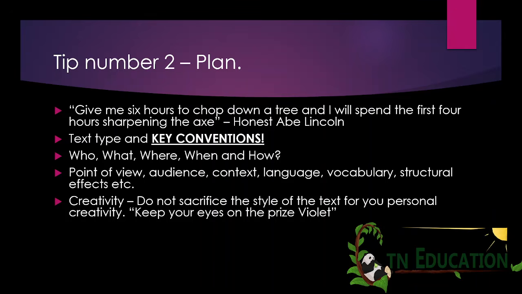You want to make sure that you know how many paragraphs you're going to write. Know your key conventions. The key conventions will help you plan. If you know what key conventions are connected to that text type, and this is what examiners are looking for, use those key conventions.